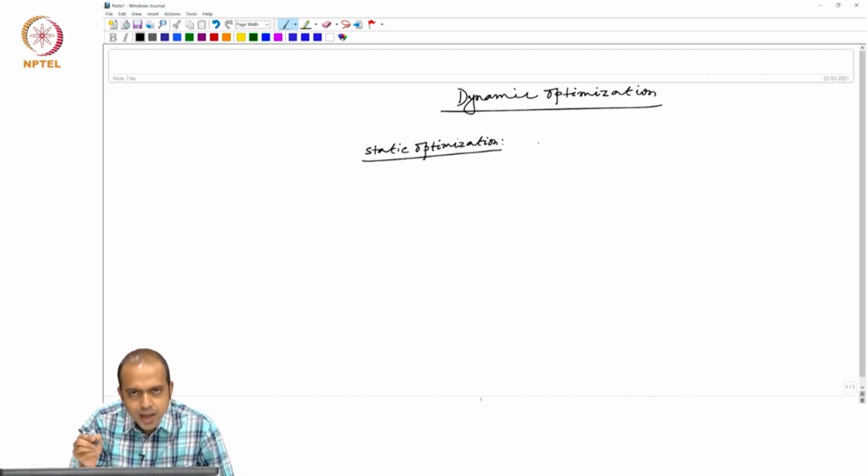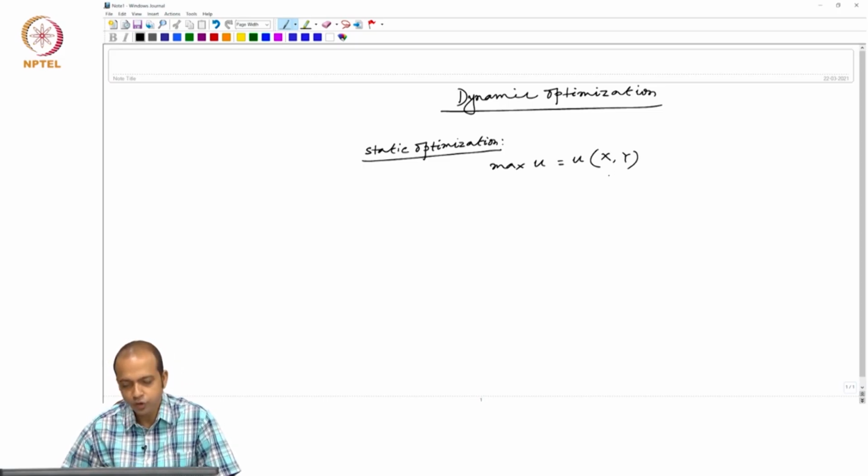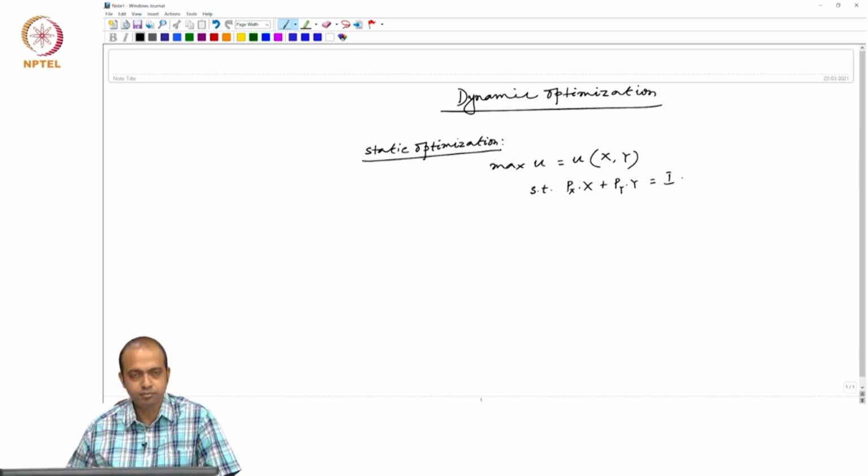Let us say that a consumer is trying to maximize his or her utility, which is a function of two commodities x and y, subject to the constraint p_x times x plus p_y times y equals the total income.